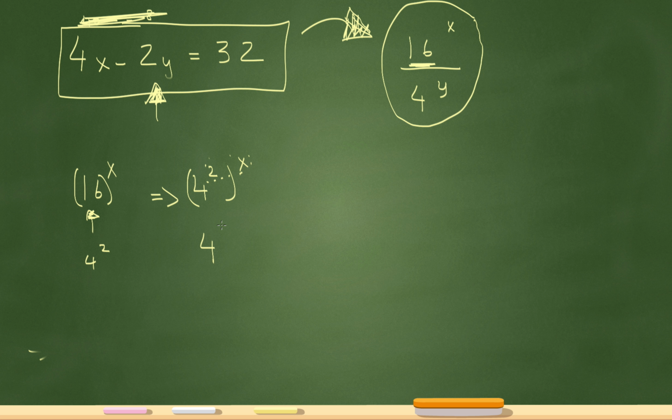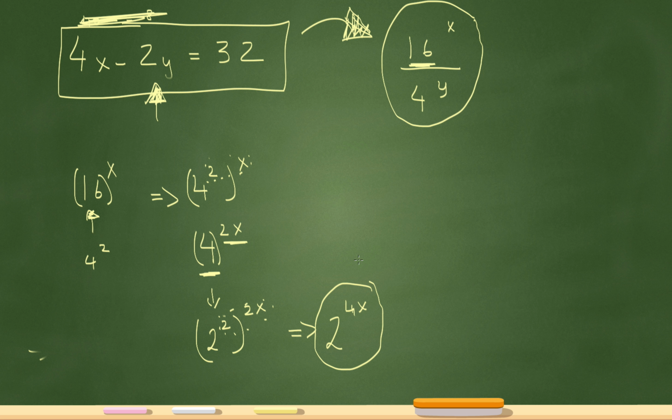So this is actually just 4 to the 2x. And I can simplify this further. See that 4? It can be rewritten as 2 squared. So now that 4, I rewrote as 2 squared. But remember that 2x is still there. So I'm going to multiply these out again. So 2 times 2x is just 4x. So finally over here I have 2 to the 4x.